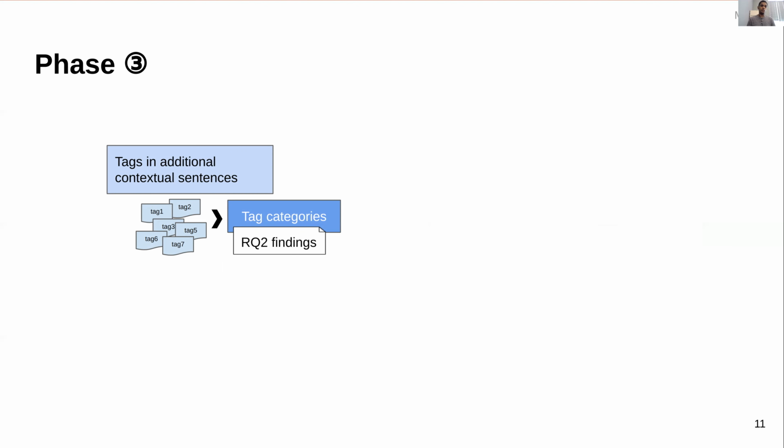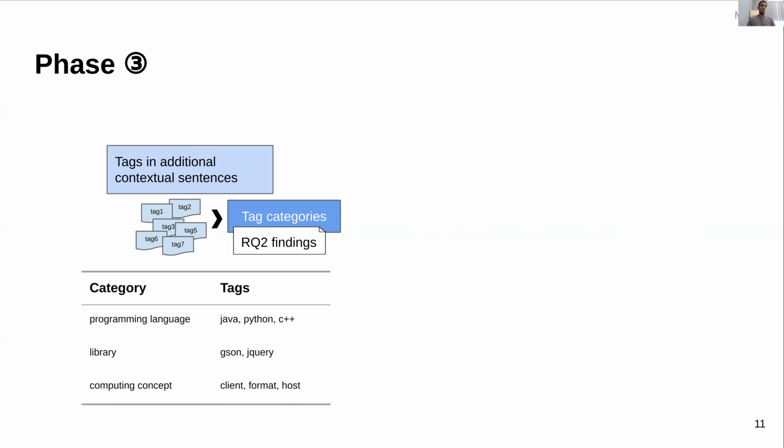Here we use open coding. Open coding is a qualitative analysis where we take all the tags and group tags that have similar characteristics together, and we assign a group label to those tags. For example, when we have Java and Python as additional context, we assign the label programming language.